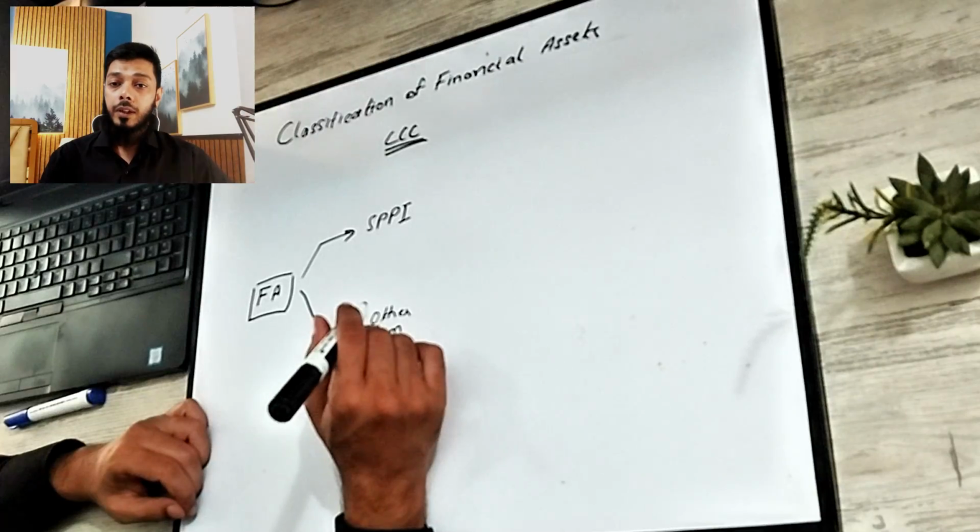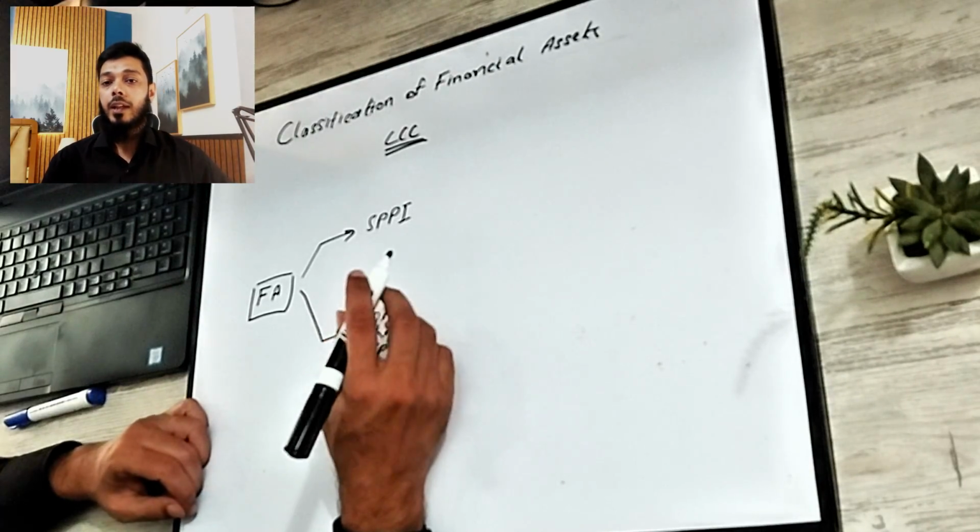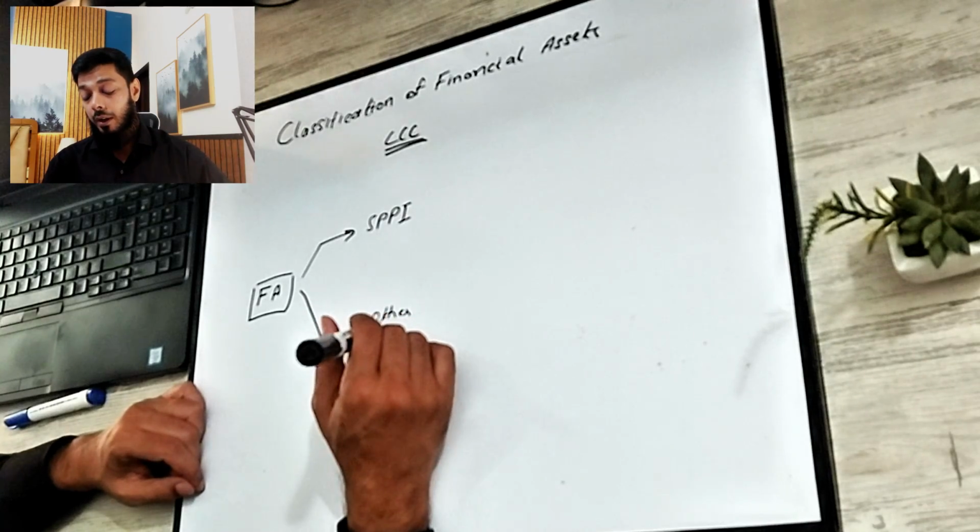Another example is a non-recourse arrangement, which means if, for example, in case of default, the lender can only obtain his cash flows to the extent of a very specific amount of assets of the borrower, which might not be adequate to cover his principal and interest. So if there are such modifications, then the financial asset would be classified as other than SPPI.